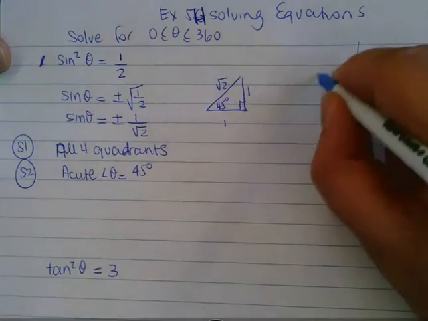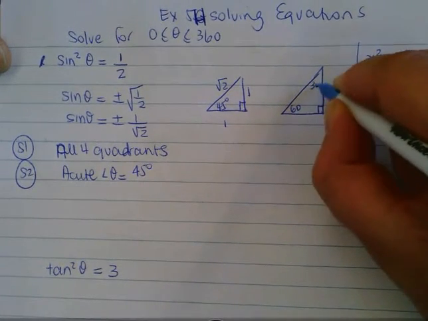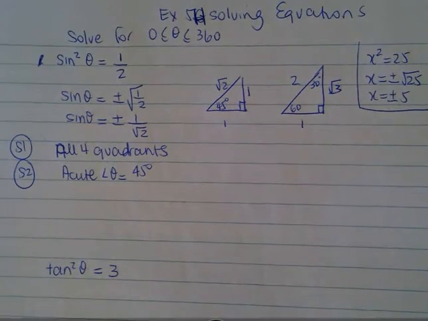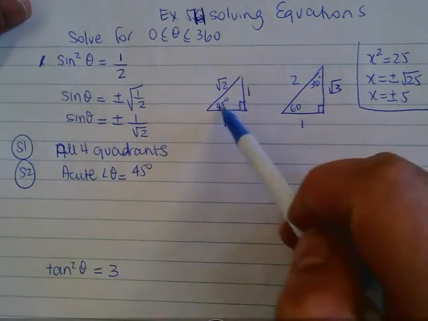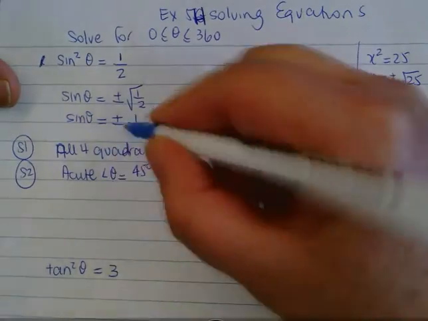You'll have that, and you'll have the other one. Okay? So sine of what is 1 on root 2? It's sine of 45 is 1 on root 2. Okay, so that was step 2.